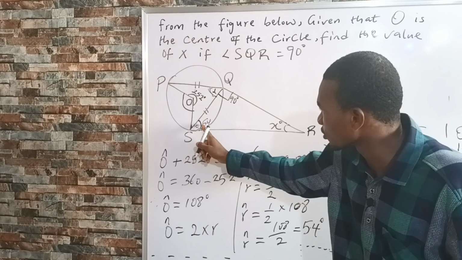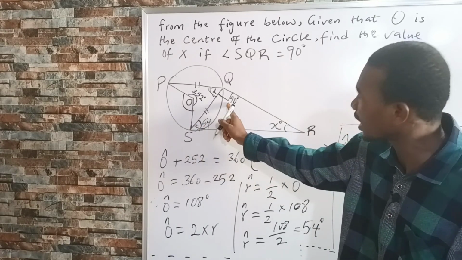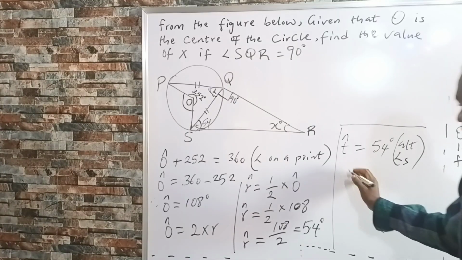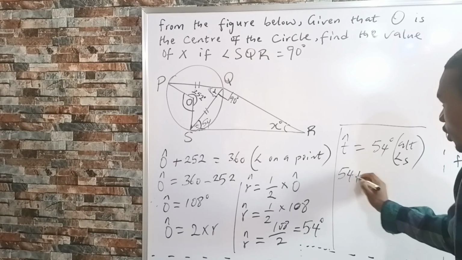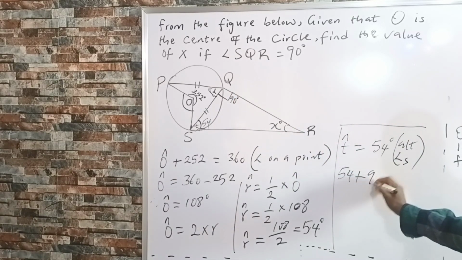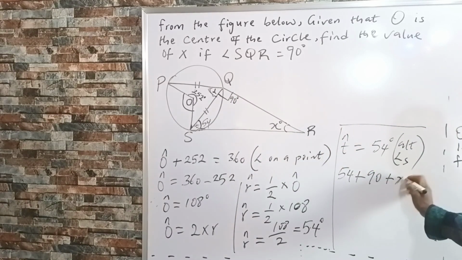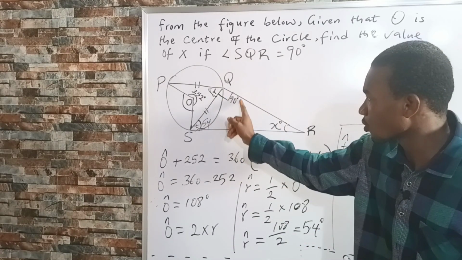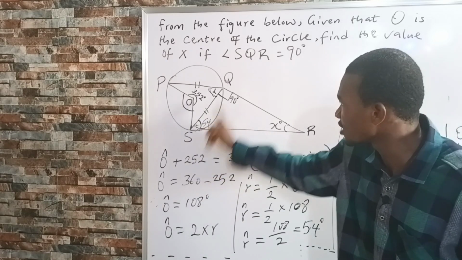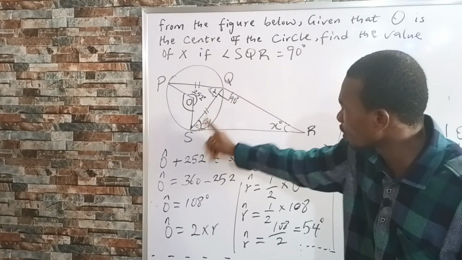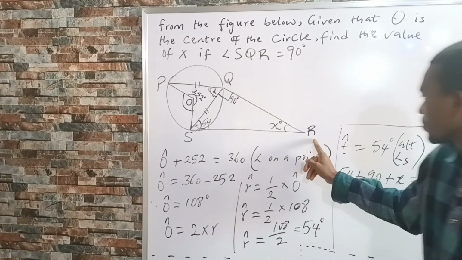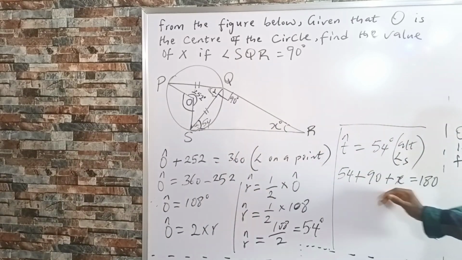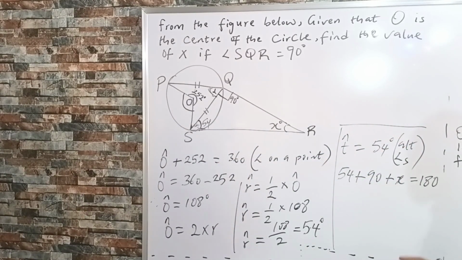Since we were able to find angle t, which is 54, and we also know the angle 90 here, we can now say that angle t, which is 54, plus this angle here, which is 90, then plus this angle x here should give us a total of 180 degrees. What I did was to add up the angles here. Remember, there is a triangle here, which is triangle SQR, okay? I summed all the angles in this triangle SQR, which are 90, 54, and x, to produce the total angle in a triangle, and that is 180 degrees.